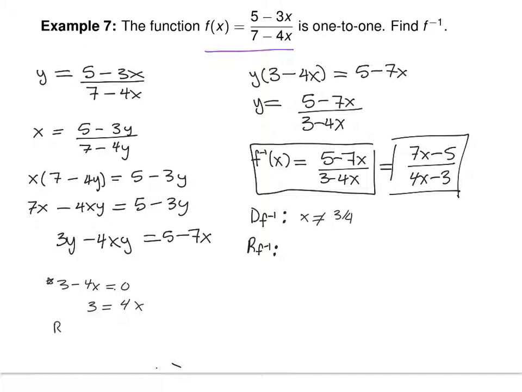For the range of F inverse, we're looking at when does 7 minus 4x equal 0, because that's the domain of F. That's going to be 7 equals 4x, and so y cannot equal what number? 7 over 4.